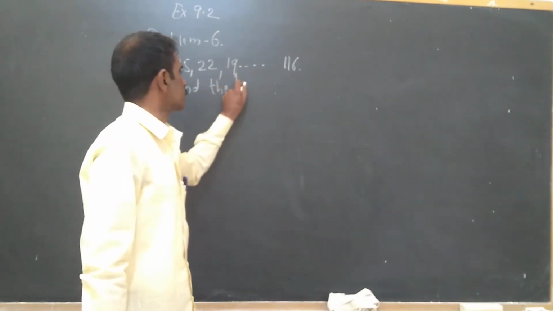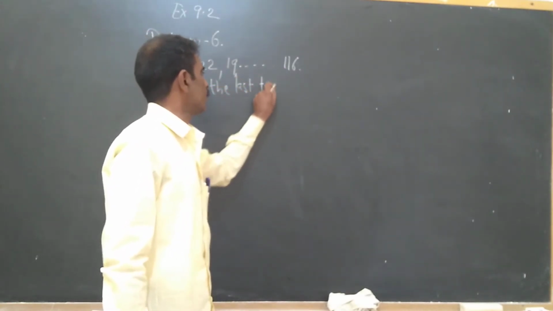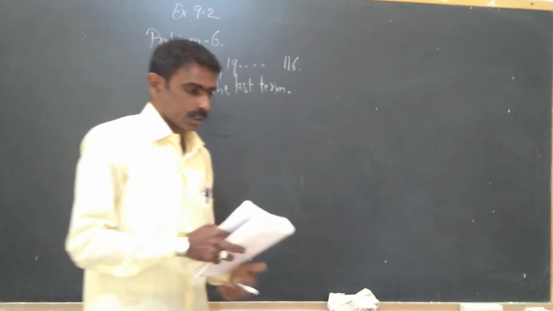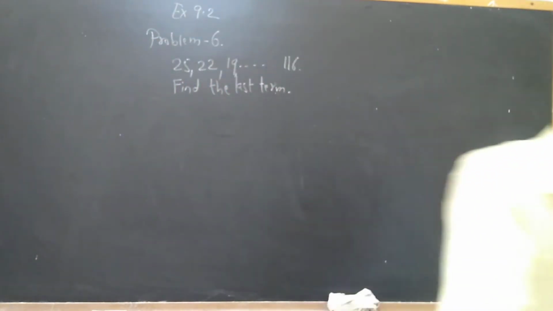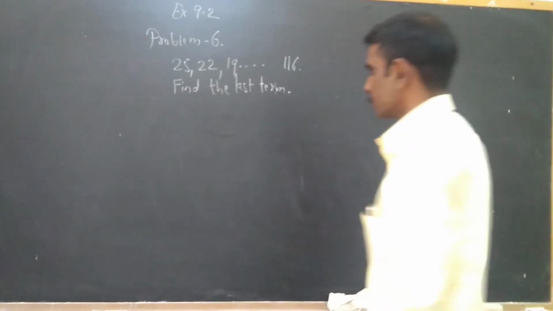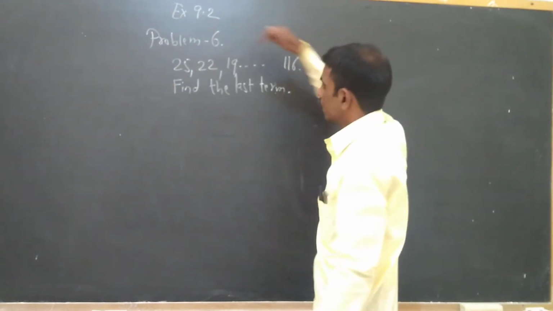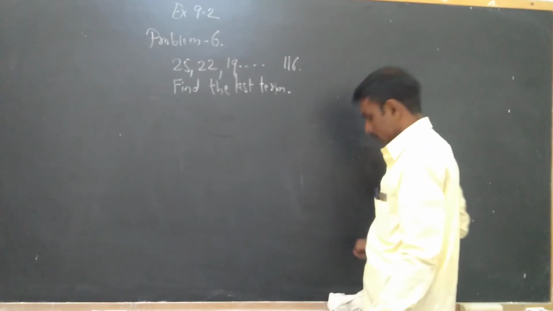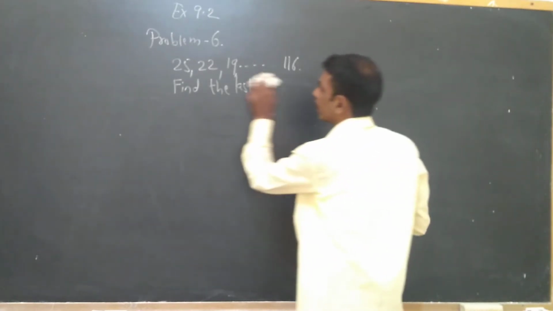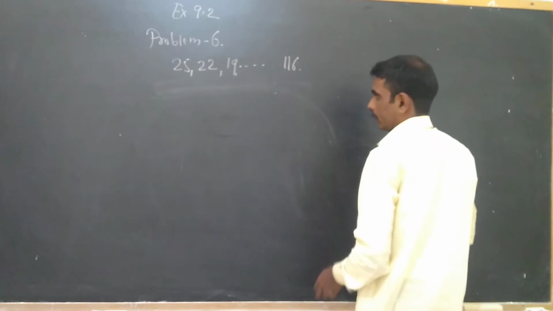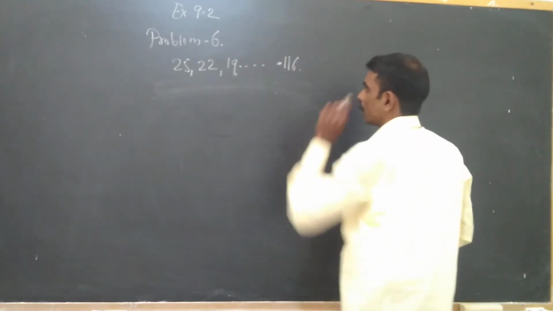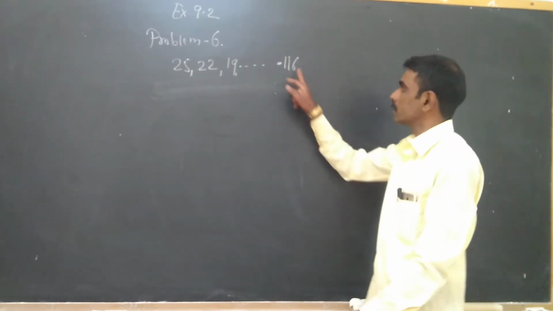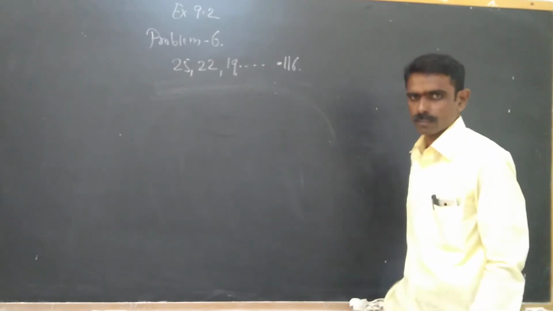Now, in this type of problems, what we are actually going to do is, this AP is given. The AP is 25, 22, 19. And the sum when you add it is given as 116.